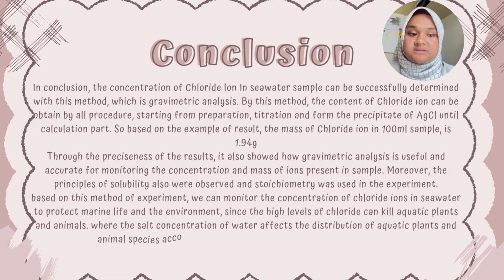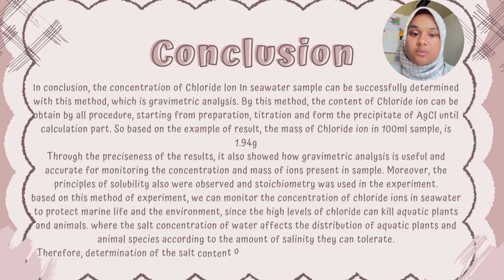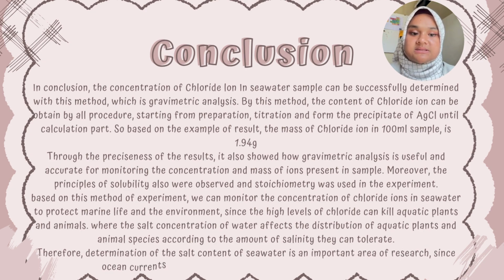With this, we can monitor the concentration of chloride ion in seawater to protect marine life and the environment, since a high level of chloride and salt concentration in water affects the distribution of aquatic plant and animal species according to the amount of salinity they can tolerate.